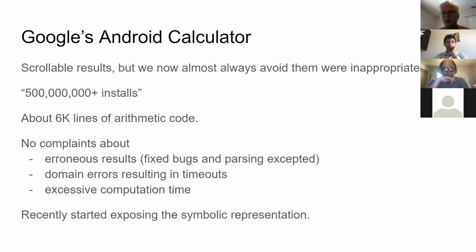The only complaints we keep getting is about calculator expression parsing, which turns out to be something that nobody agrees on. It produces results in a perfectly reasonable amount of time for this kind of application. It turns out the symbolic representation actually can be useful at times, so we started to expose that to users under certain circumstances as well.